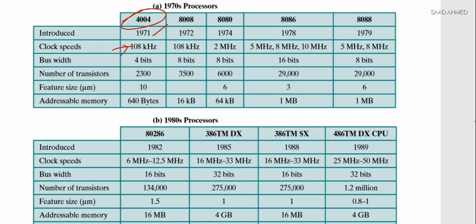Then we have a bus width of 4 bits. The number of transistors used at that time was 2300, with a size of 10 micrometers, and the accessible memory, the memory which it can use, is 640 bytes.